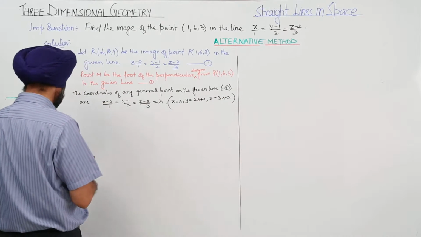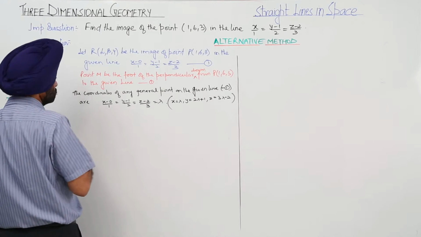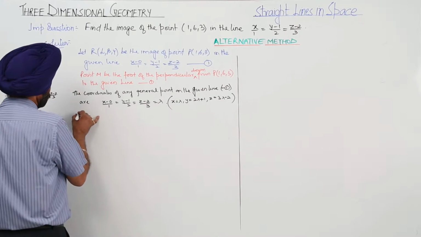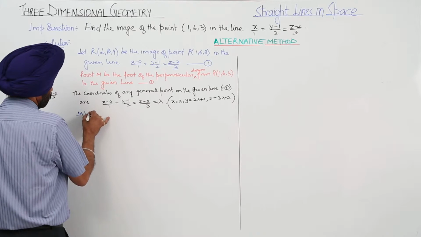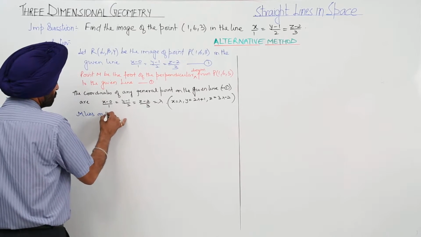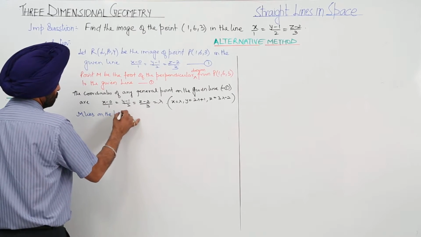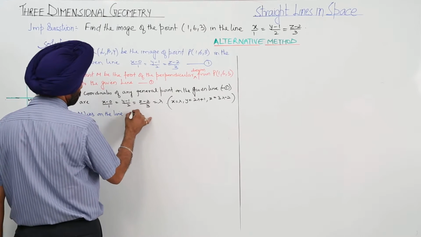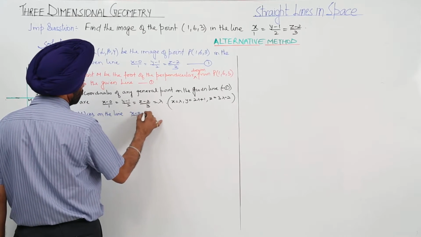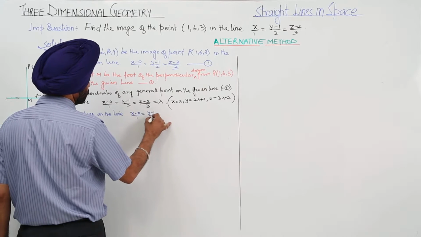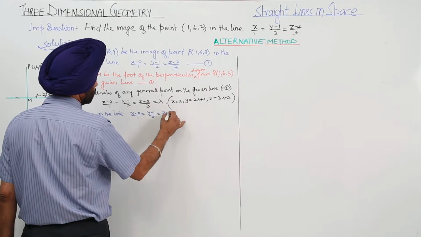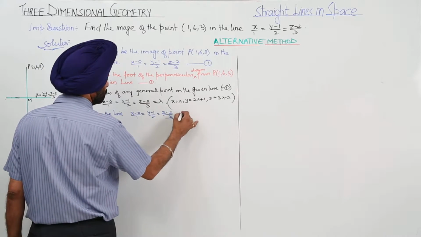Okay. Now, M lies on the line (x minus 0) upon 1 is equal to (y minus 1) upon 2 is equal to (z minus 2) upon 3.